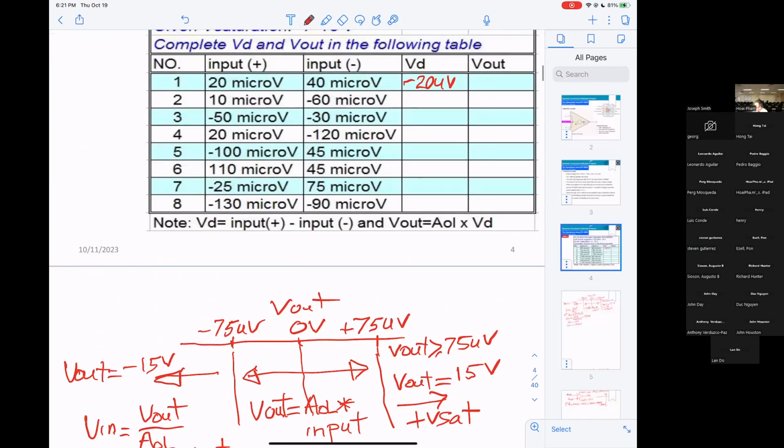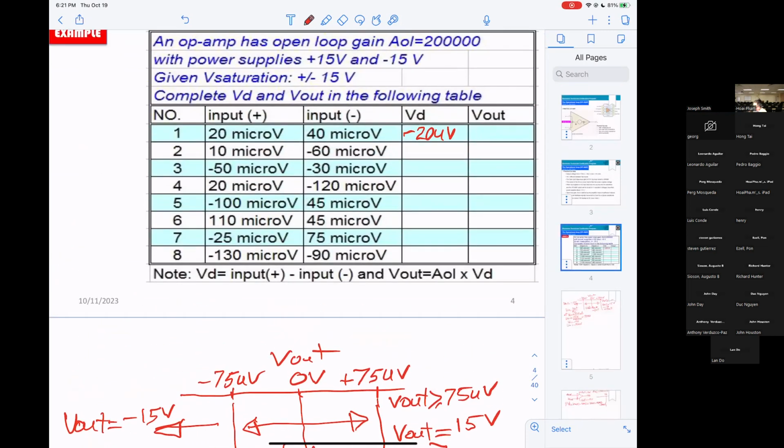Now in this case, what do we have for number 1? Minus 4. You get input differential of minus 20 times the gain, minus 4 volts, right? Is it correct?